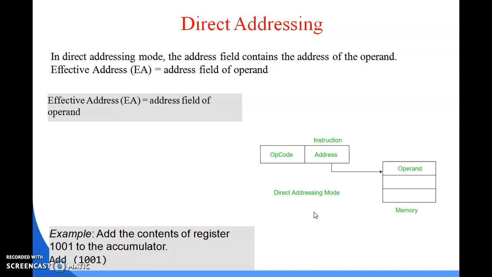Suppose this is one area of the memory and this is another. Within the first location, the operator, known as the opcode, is stored, and in another location of the memory the operand is stored.